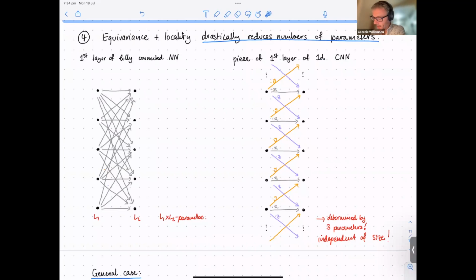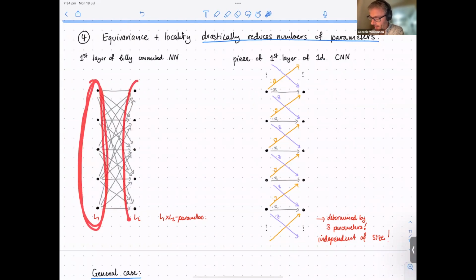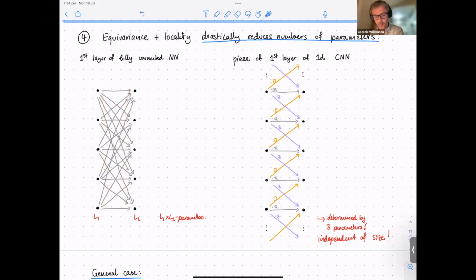Let's say, I assume you've learned what a fully connected neural net is. So here's a fully connected neural net. Imagine that this has input layer dimension L1 and this layer dimension is L2. Now we have L1 times L2 parameters. Even in simple examples, this could be enormous.